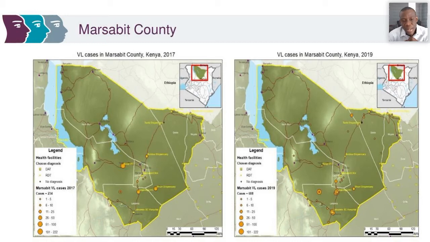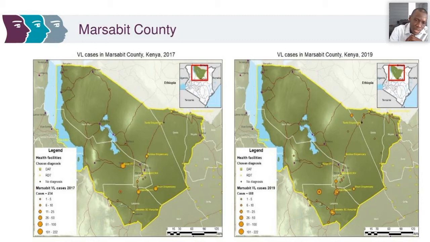how analyzing the local data can help in deciding the placement of diagnostics and the impacts on other indicators. Marsabit County had 3 epidemics in 2014, 2017, and 2019. Our activities in Marsabit started in 2018.